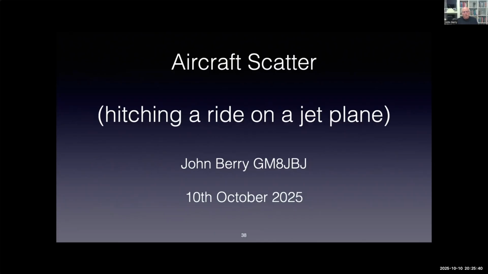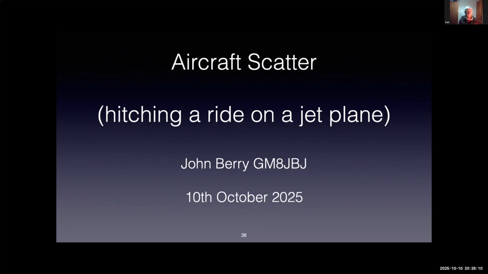I then looked at the geometry of the whole affair, the physics of it, what type of aircraft would and would not give a reflection, an adequate reflection. So big airframe, big jets, good. We then looked at the whole business of how we exploit it and the notion of the sort of pink area up in the sky and the pink aircraft. Yes, we can make those work, etc.